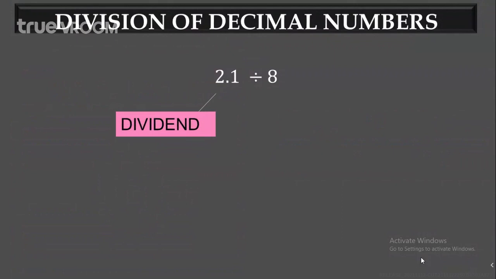Everybody repeat after me, dividend. All right, so that is dividend, the number that you are going to divide. And the number that you will use to divide the dividend is what we call the divisor. Everybody, please read the word divisor.